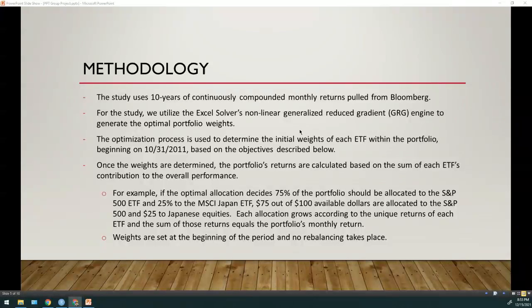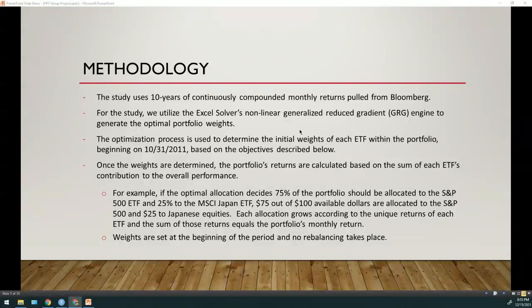I provide an example of how that's calculated because it can be a bit confusing as to where this all comes from. Once the optimizer determines the weights, for this example we'll say simplistically that there are only two assets in the portfolio. 75% is in the S&P 500 and 25% is in Japanese stocks. So we start off with $100 in the portfolio: $75 goes into the S&P 500, and $25 goes into Japanese equities.